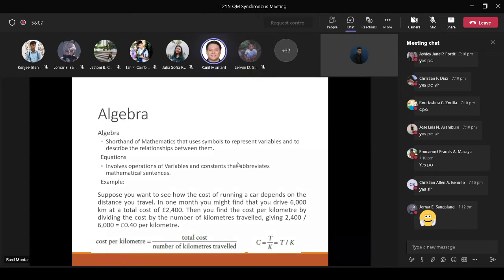Okay. So, given that mathematical sentence, we represent it into a formula. From that sentence, it becomes a mathematical expression.